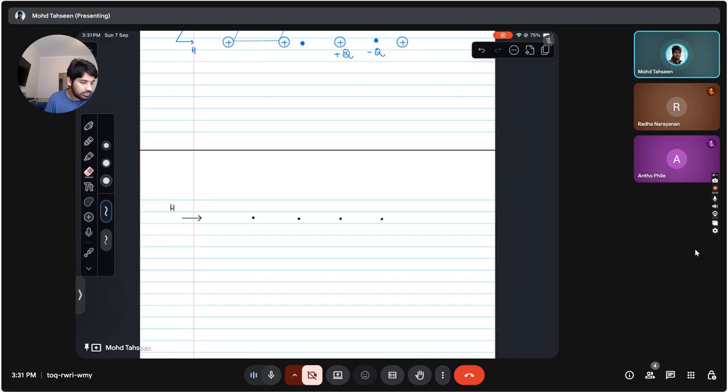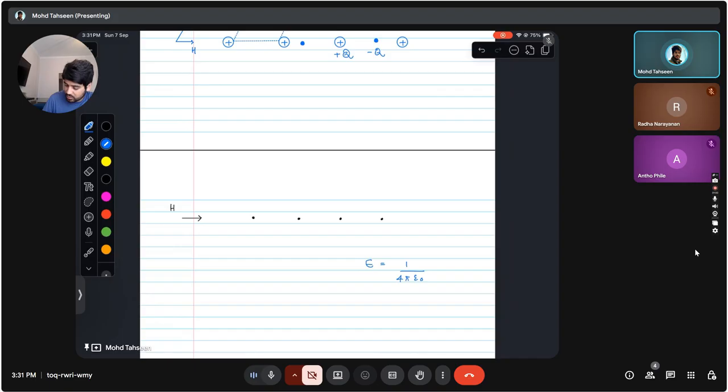Okay, so both would have a field, which is given by E, the electrostatic field, that would be 1 by 4 pi epsilon naught q1 q2.